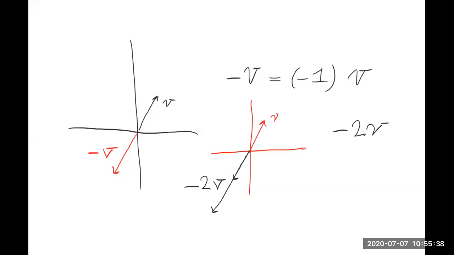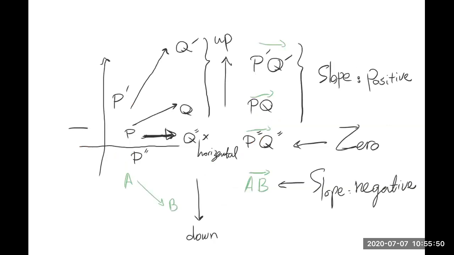Actually, the question is, so you only multiply the magnitude and not components? Actually, we are multiplying the components. Let me give further details on that. If I have a vector V whose coordinates are 1 and 1, this is 1, this is 1, I can show this vector with this.